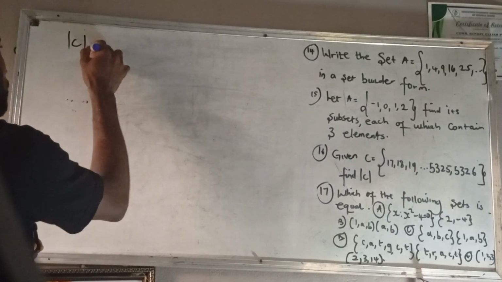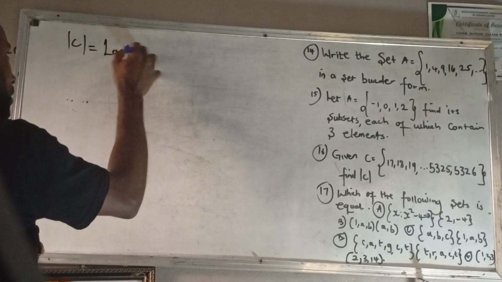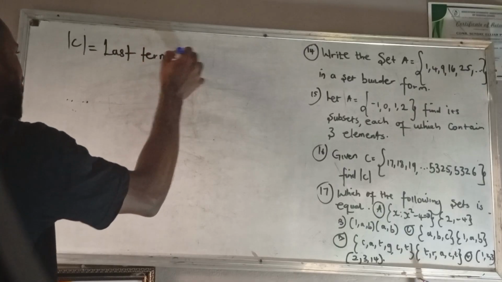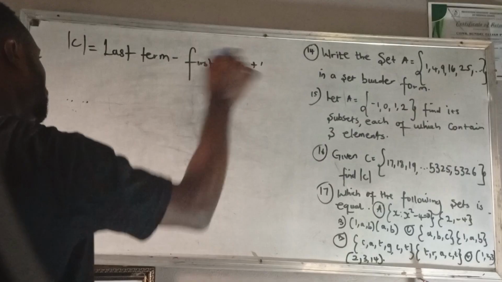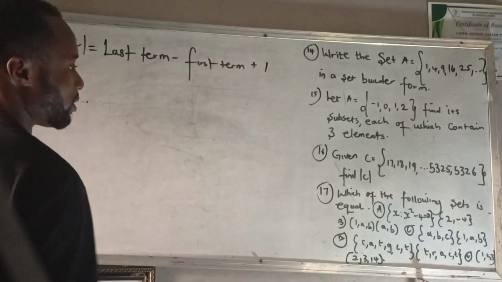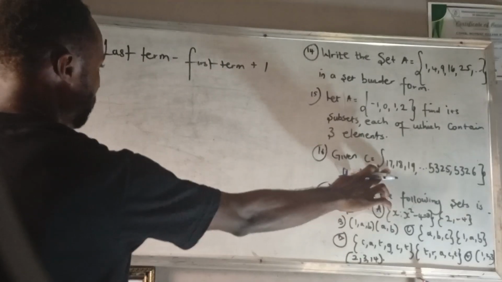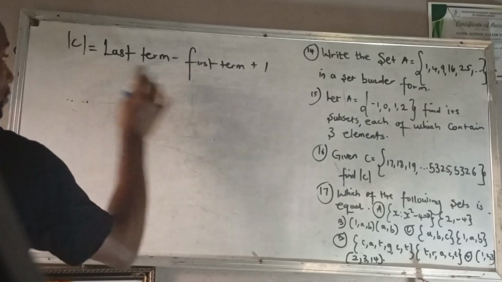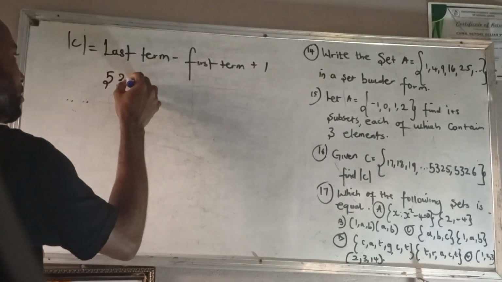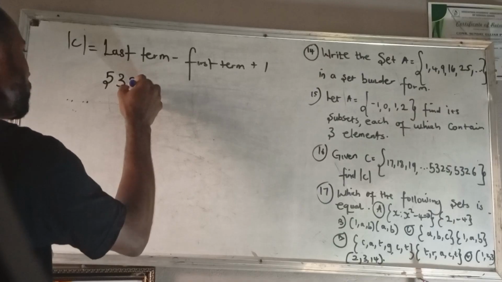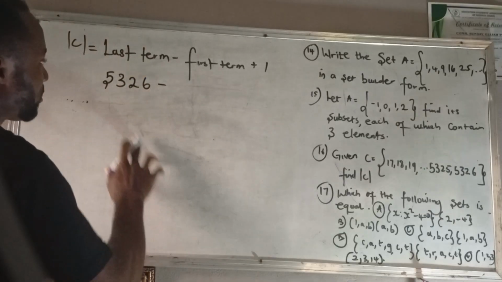So this is equal to the last term minus the first term plus 1. My first term is 17, and the last term is 5326.